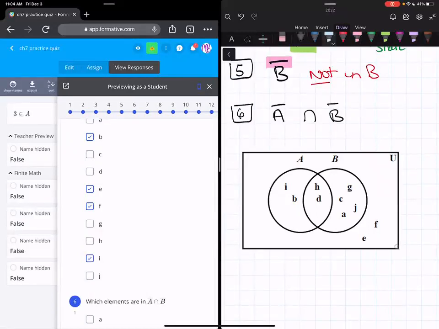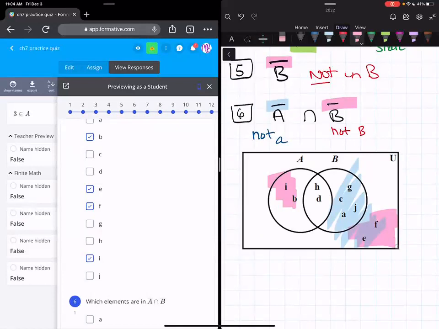Not A. So not A, and so not A is those 6 things on the right side. Okay. And then we have not B. And not B was the one we did in the previous problem. So it's these two and those two.